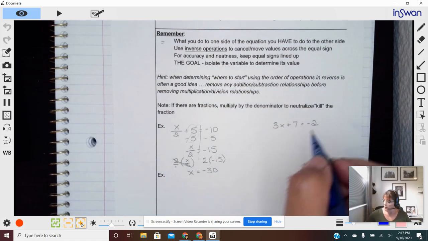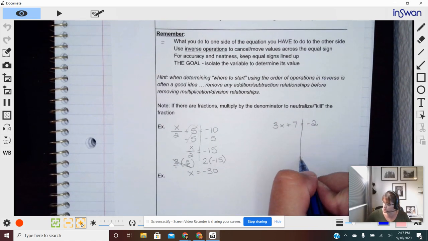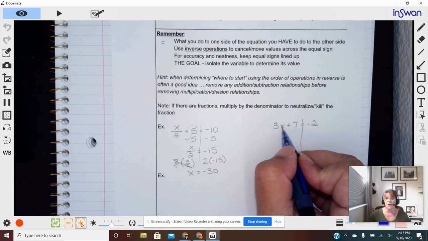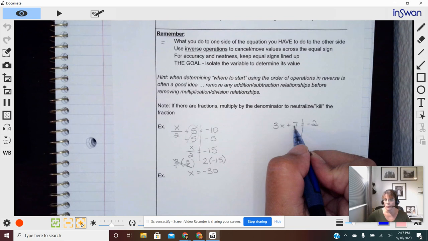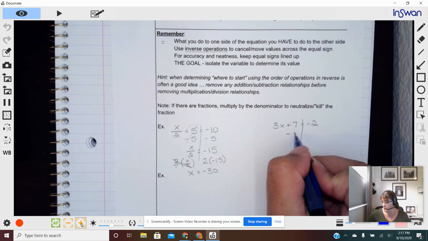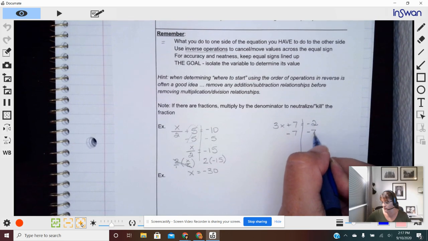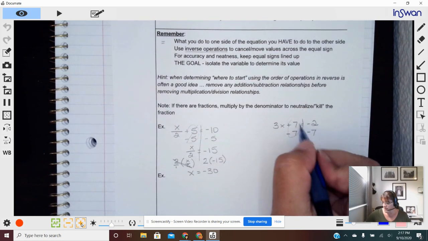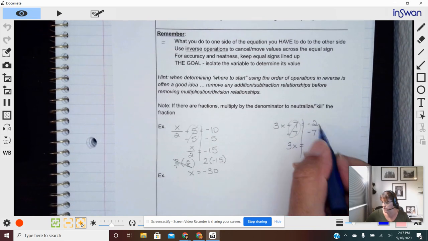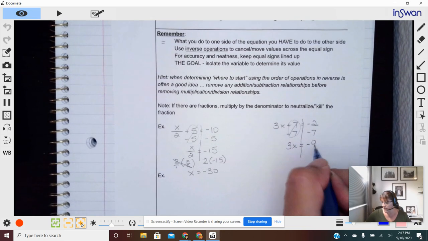Again, line up my equal signs just for neatness and remove the thing farthest from the variable first. So instead of a plus 7, negative 7. These cancel each other out. We have 3x equals negative 9, because a negative and another negative when we're adding and subtracting.